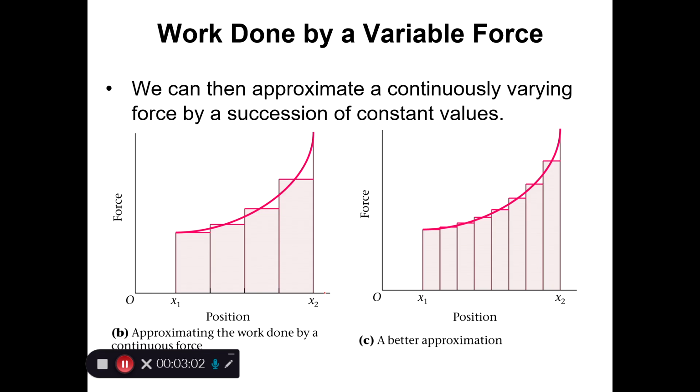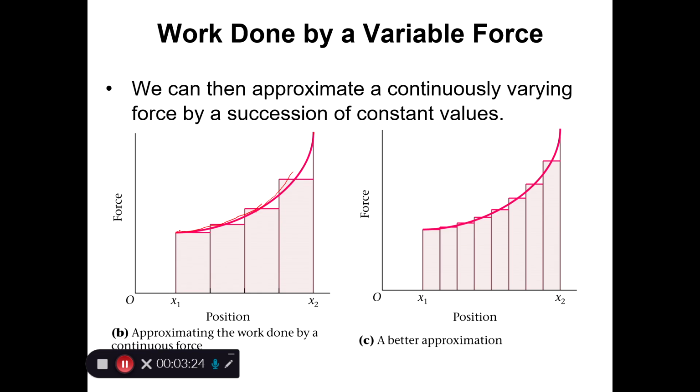Now let's say the force is not constant at any successive point, so it's continuously varying. In this case, the force varies from a minimum at x1 to a maximum at x2, continuously as a curve, so you can't make a single rectangle.